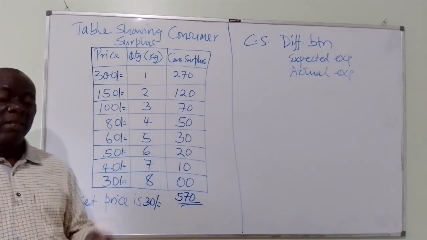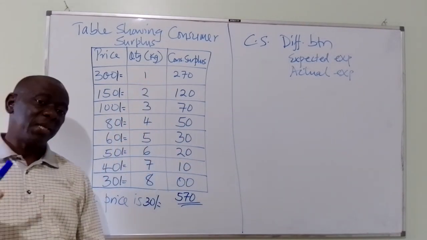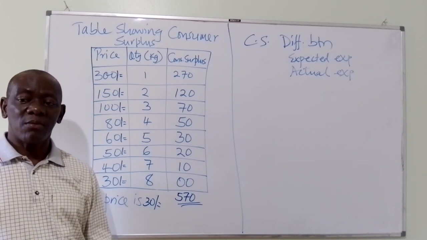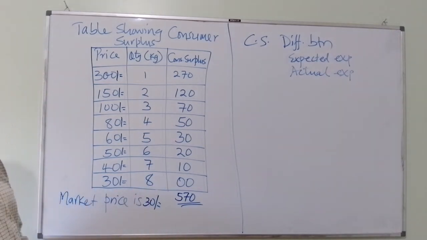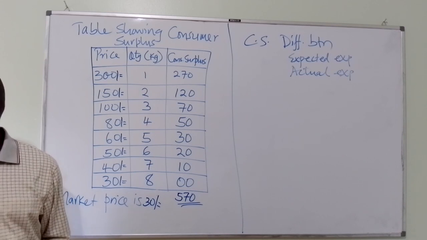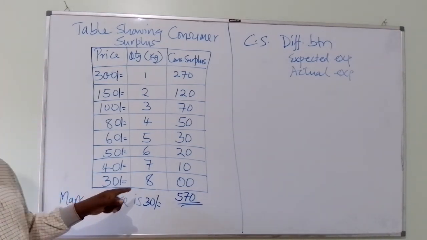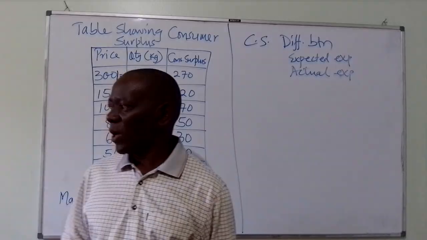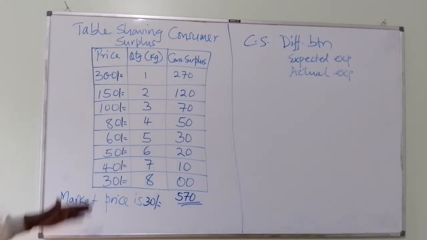And the third one, so he leaves home ready to buy these kilograms, but he has made his schedule that for me, I'm ready to buy these kilograms, the first one at this, the next at this, and so on. So he draws his table. But when he reaches the market, he realizes that the market price is lower than all these prices he's ready to pay.